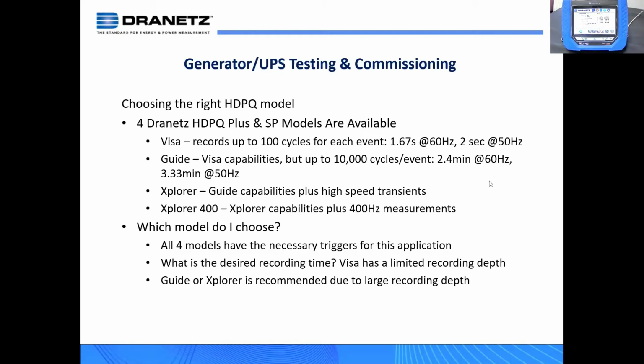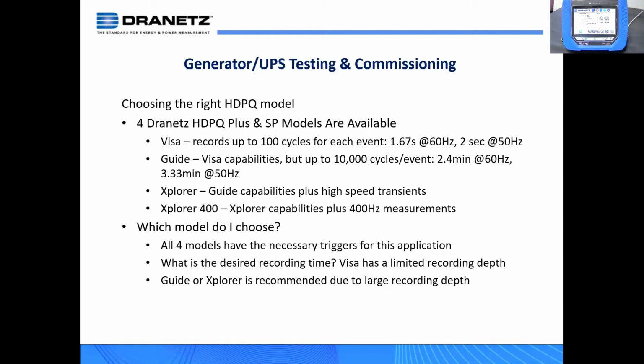What I mean is that if you look at the Visa, our entry-level product, it has 100 cycle recording depth. And what that means in real time, that's about 1.67 seconds at 60 hertz and about 2 seconds at 50 hertz. One of the biggest differentiating features between the Visa and the Guide increases that recording depth. It also adds Wi-Fi and our answer modules and things like that.